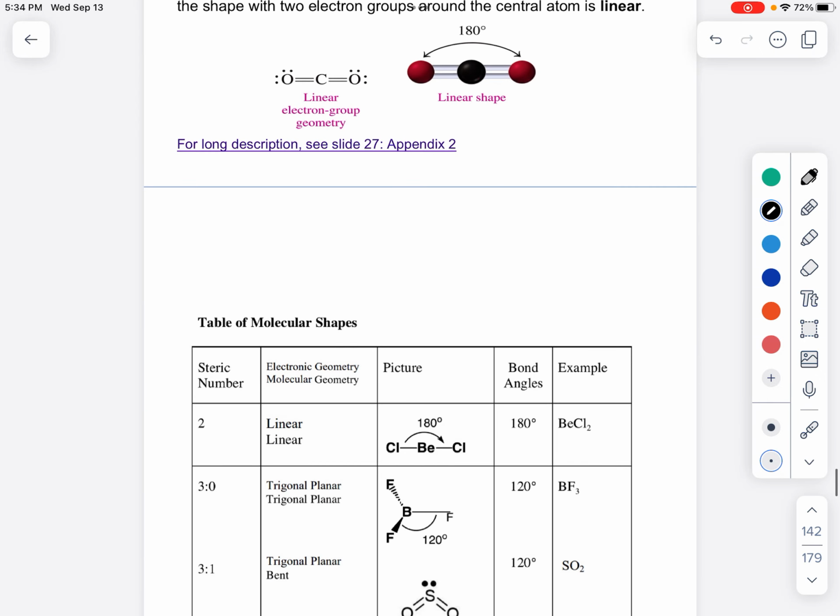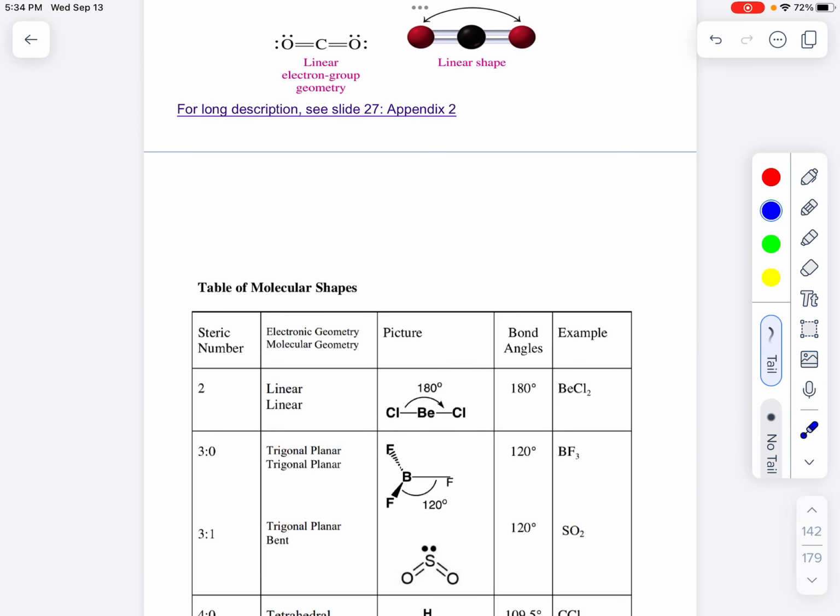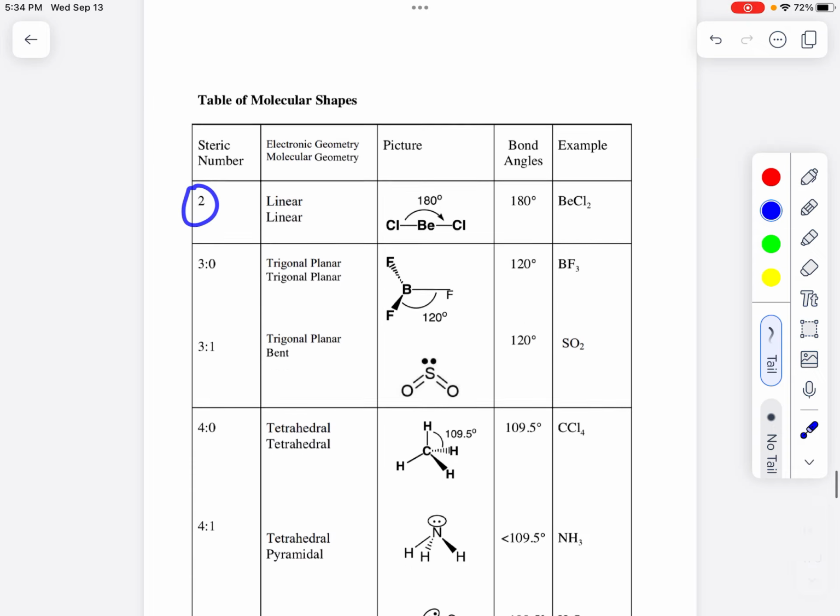So that shape is called linear. And that's what's shown in this first row of the table. We call the number of electron groups the steric number, and this has only 2 groups.